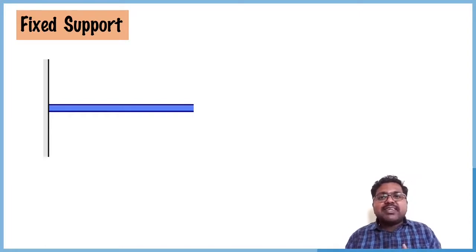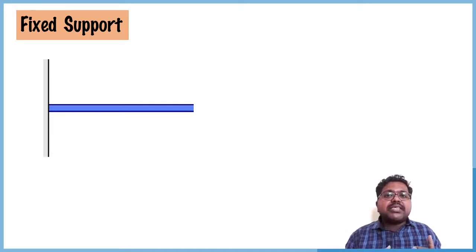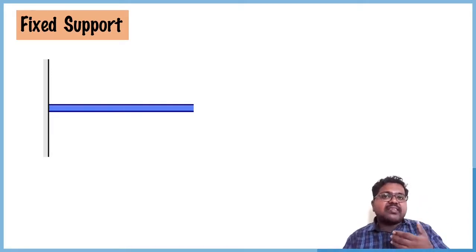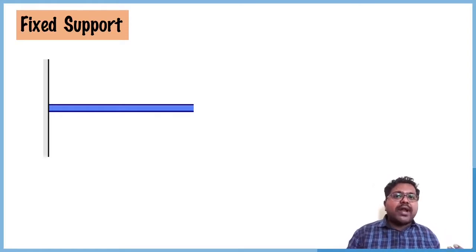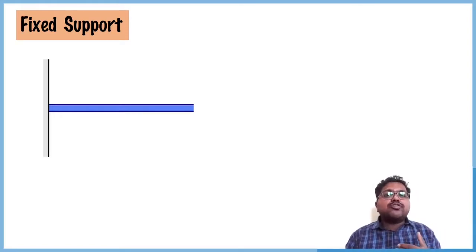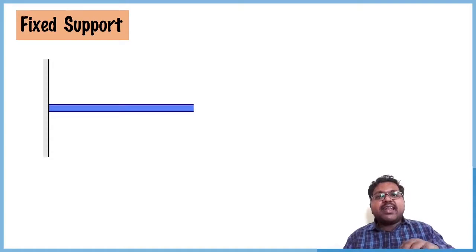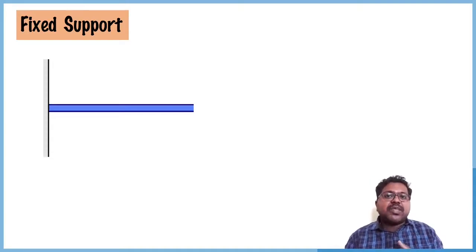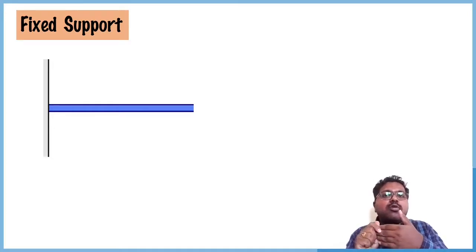Here, if we consider a 2D figure, there is a chance of the member moving in two directions, either in the x direction or in the y direction, and there is also a chance of rotating about the axis. In fixed supports, where the member is rigidly held, no translations and no rotations are allowed at these points.